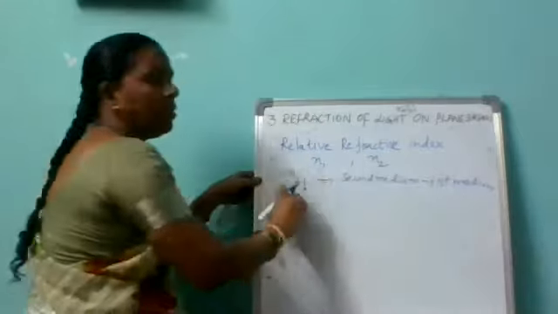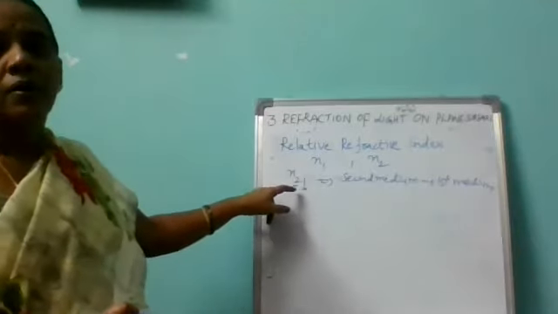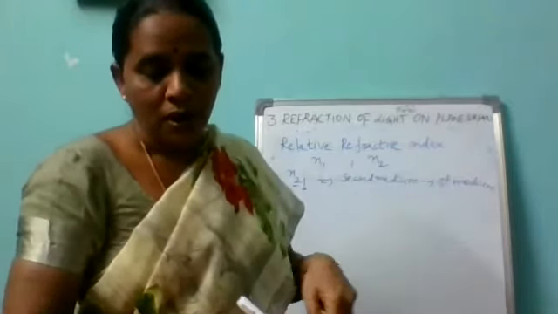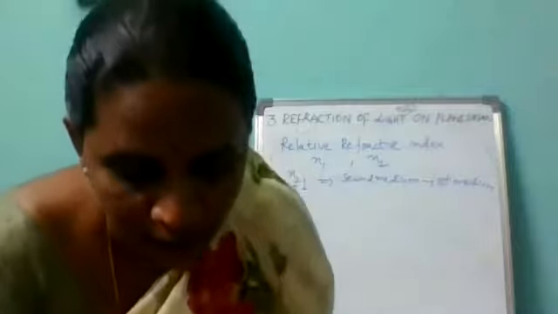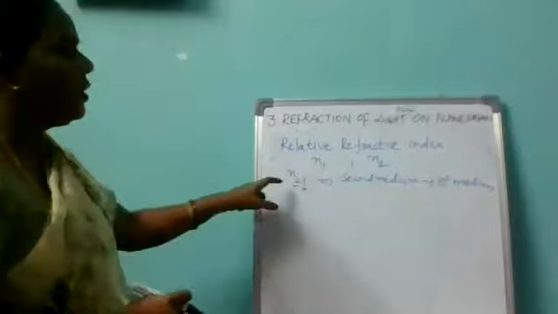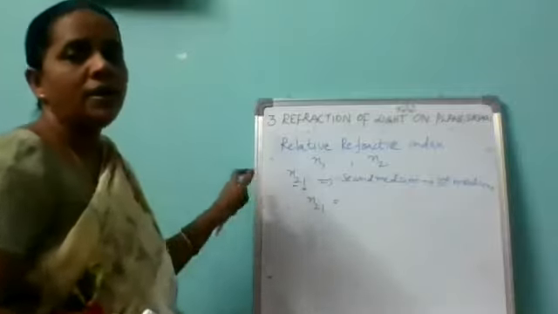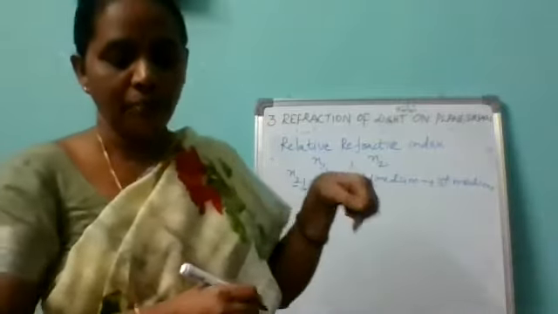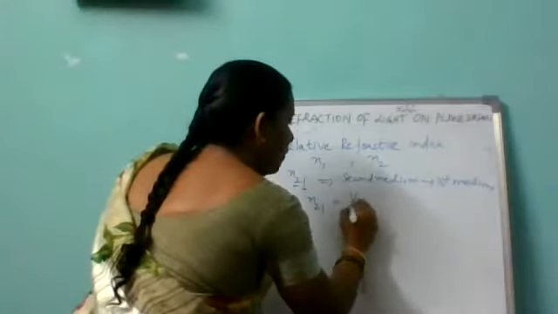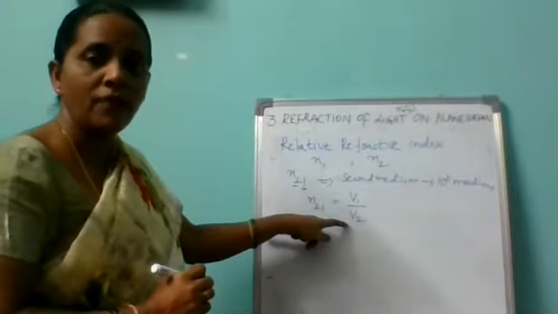So the refractive index of second medium with respect to first medium is denoted by N21, which is equal to a formula you should remember. It is second medium compared to first medium, so this value is equal to V1 by V2, means speed of light in first medium to the speed of light in second medium.